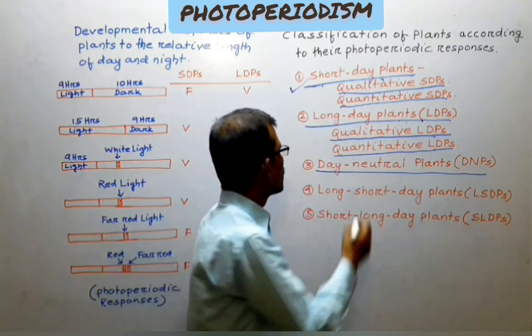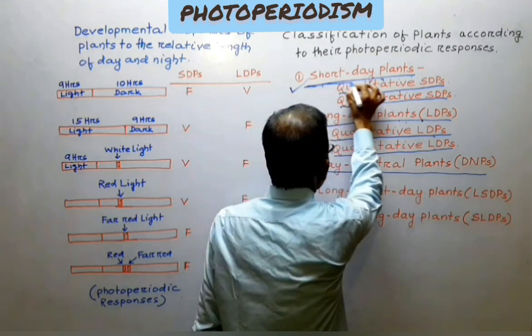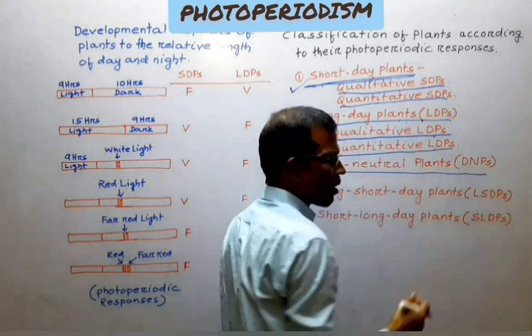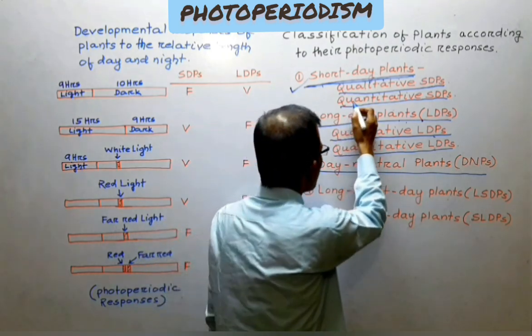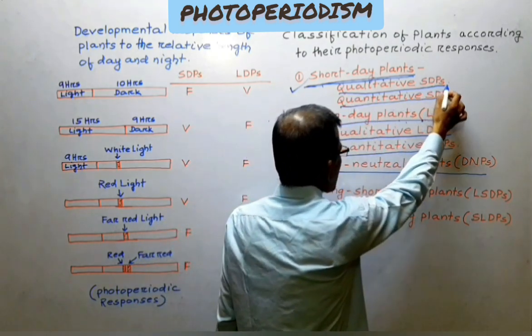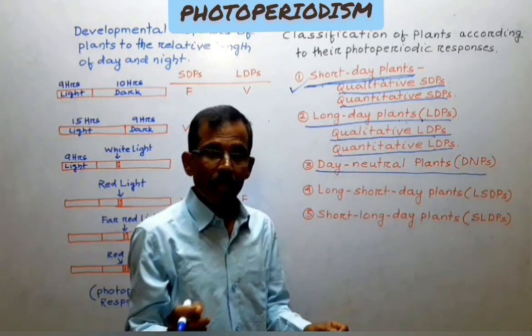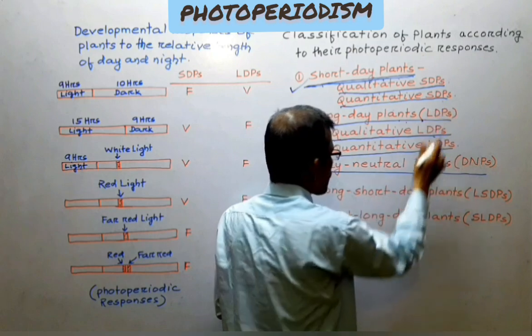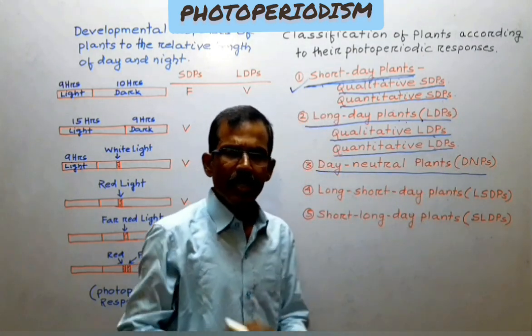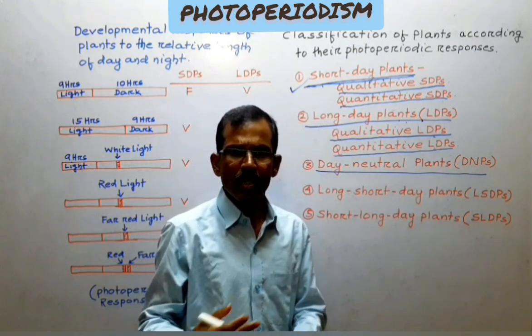They are: number 1, short day plants, in which flowering occurs when days are short. This group includes qualitative short day plants, which flower only when days are short, and quantitative short day plants, in which flowering is accelerated by short days.